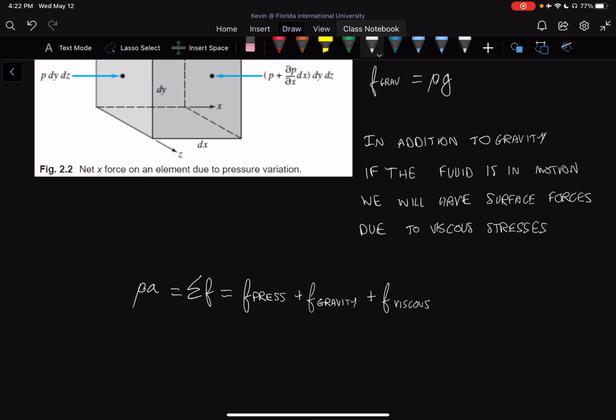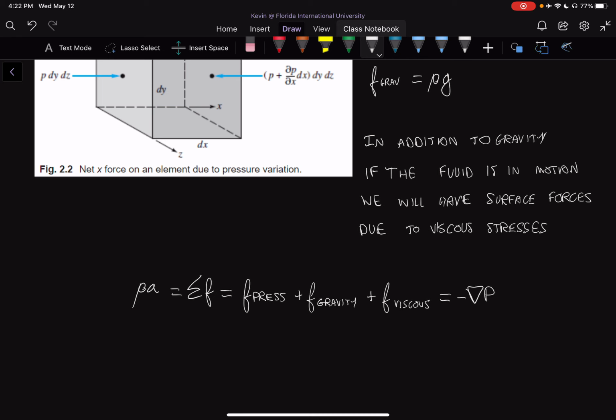Okay, we call this a viscous force. And we'll look at the viscous force later on. We don't necessarily have to look into it right now. But essentially, what we have now is an equation that can be simplified to this.